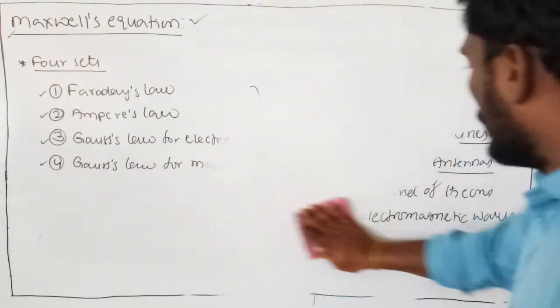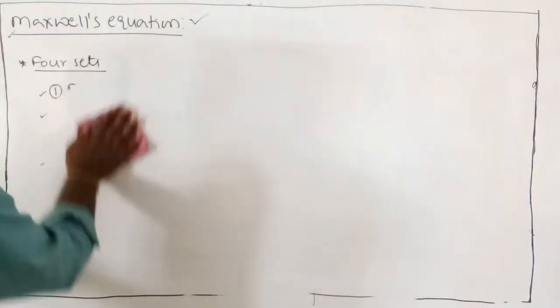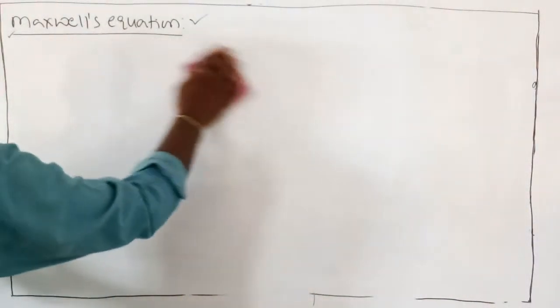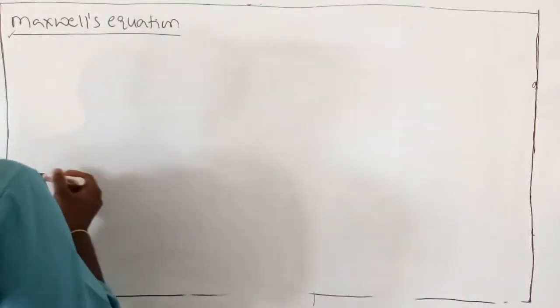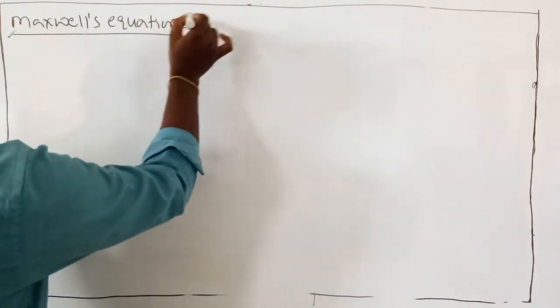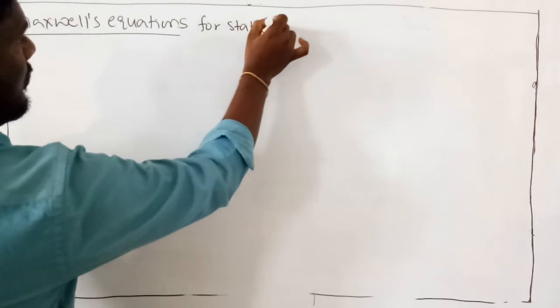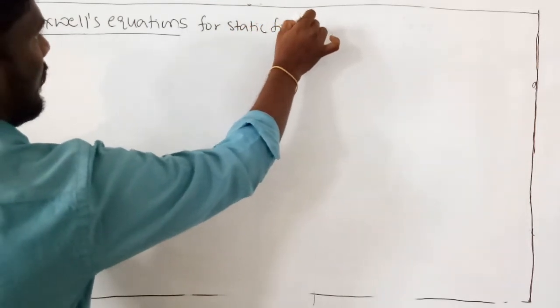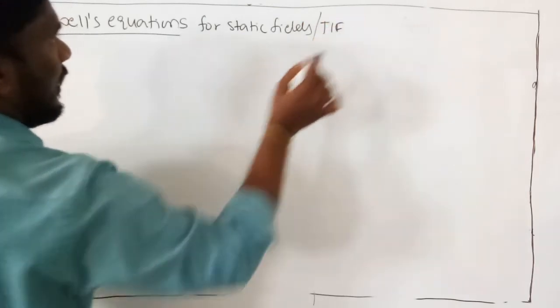Now we will see the Maxwell's equations one by one. First of all, I am going to discuss Maxwell's equations for static fields. Static fields are also called time invariant fields.